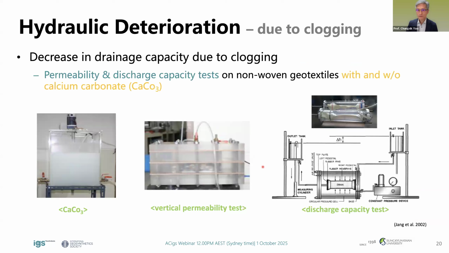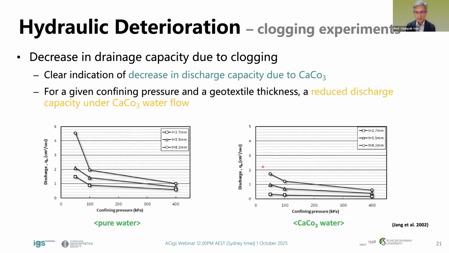To better understand the effect of clogging on the hydraulic performance of a drainage layer, a series of lab tests were conducted by researchers. What you see here are the setups for vertical permeability and discharge capacity tests. In this series of tests, a specially prepared calcium carbonate solution was used to compare pure water and calcium carbonate solution. So here are the results.